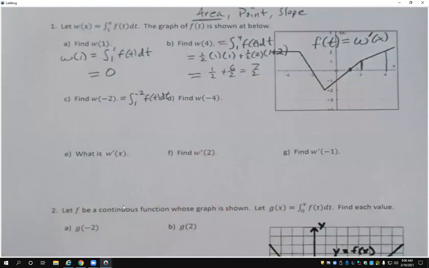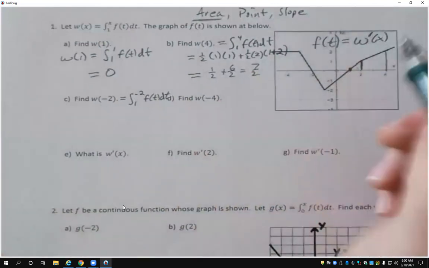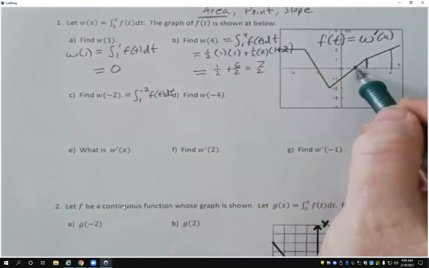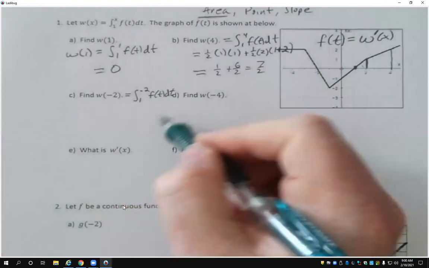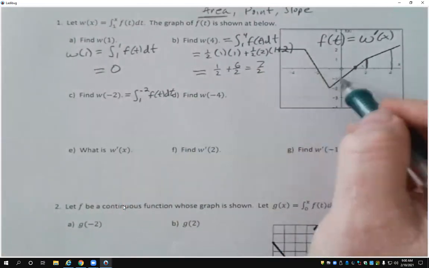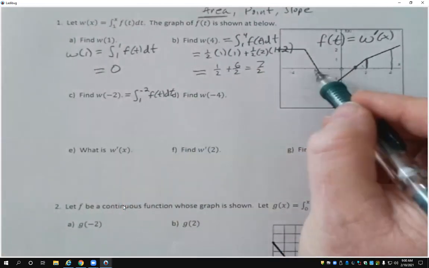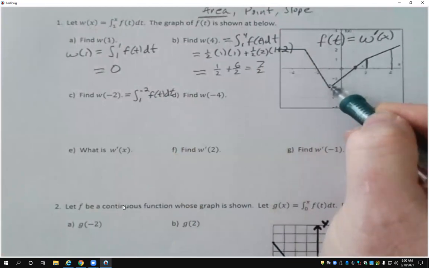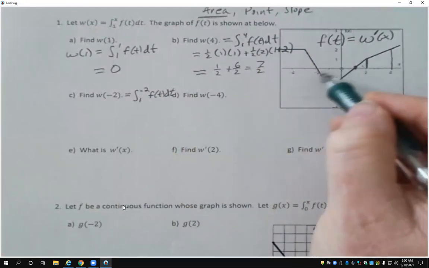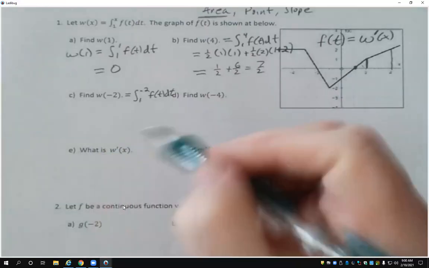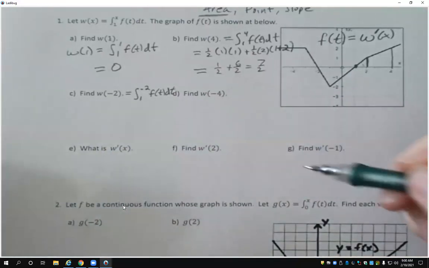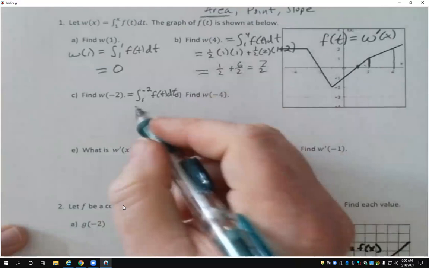It's going to be a negative area. But now pay attention to this. When I'm going backwards from 1 to -2, it's going to be negative. But in this particular problem, from 1 to -2 is all below the x-axis. So this area is negative, but then I'm negating that, and so I'm actually going back to being a positive answer on this one.